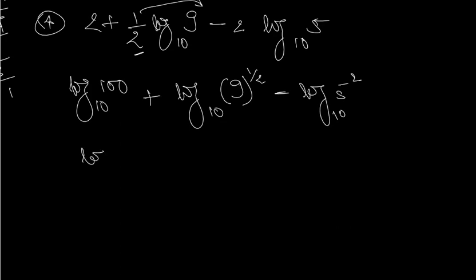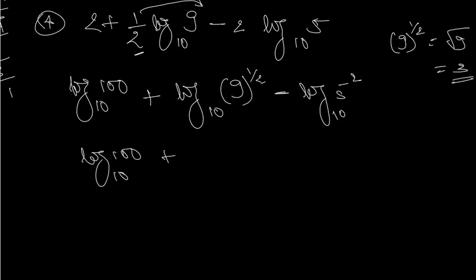So log of 100 to the base 10. What is 9 raised to 1 by 2? It is root of 9, which is 3. So I'm directly writing it as log of 3 to the base 10 minus log of 25 to the base 10.